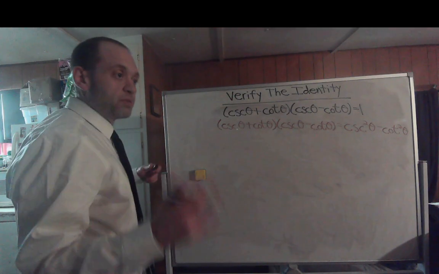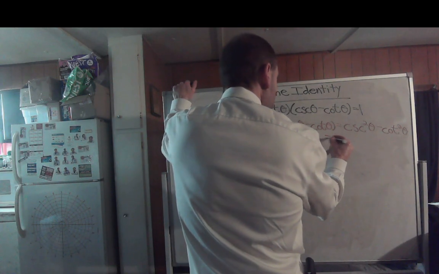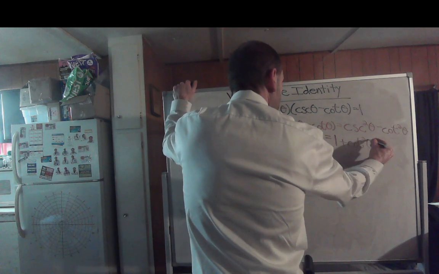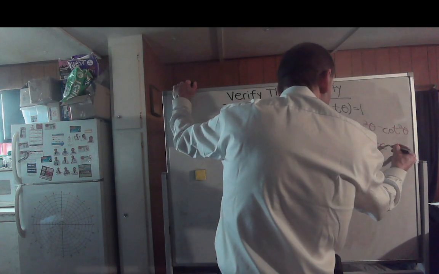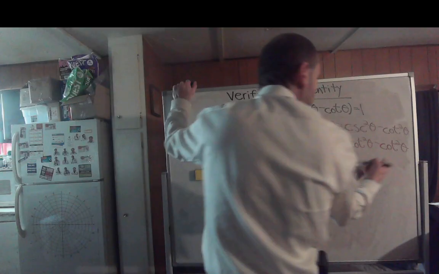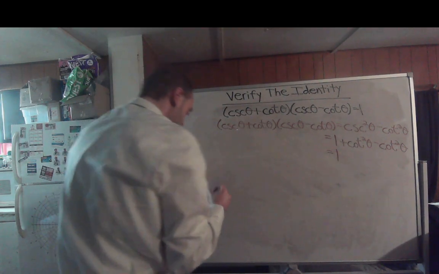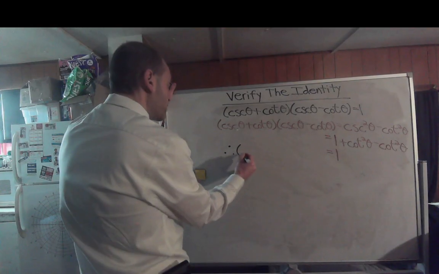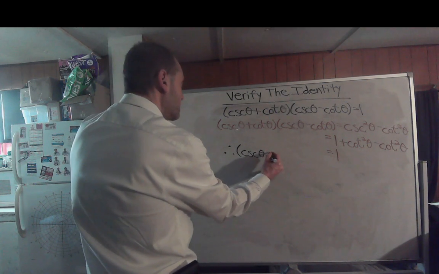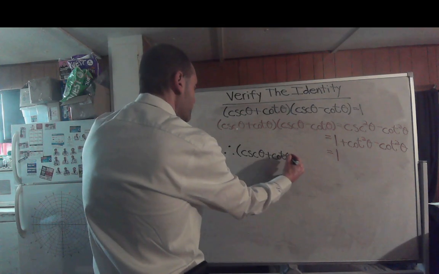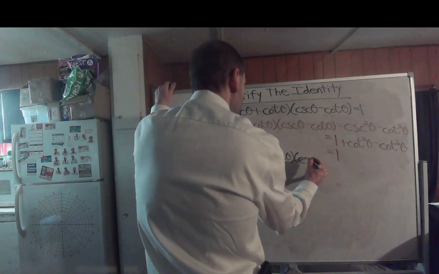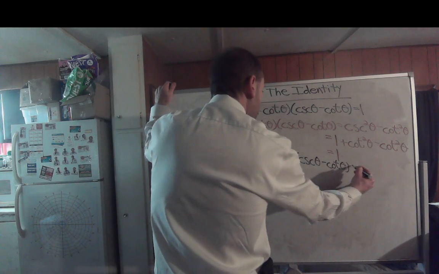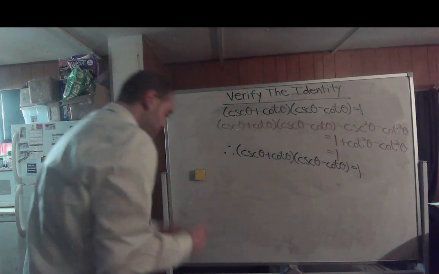Isn't that the same as 1 plus cotangent squared of theta? So we can substitute that in and say 1 plus cotangent squared of theta minus that cotangent squared of theta. Well, what do you know? You're just left with 1. So therefore, we can say that the quantity of the cosecant of theta plus the cotangent of theta times the cosecant of theta minus the cotangent of theta equals 1. We have just proven that.